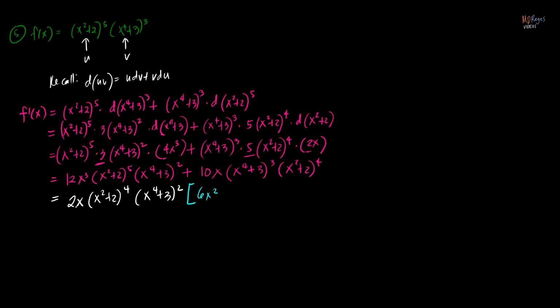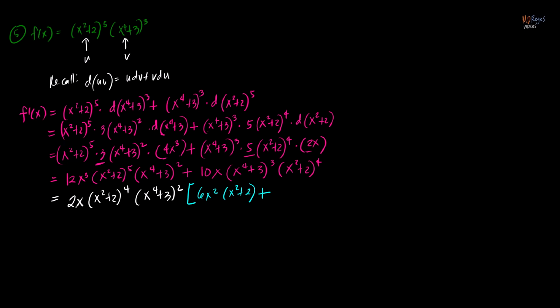And then from here, factoring x squared plus 2 to the fourth, we'll just be left with x squared plus 2 to the 1, right? Or just simply x squared plus 2. And then for this, factoring x to the fourth plus 3 squared, we'll just be left with 1. So we don't need to write that anymore.